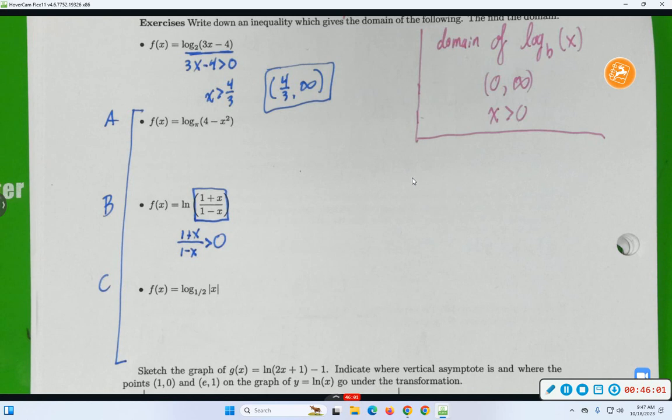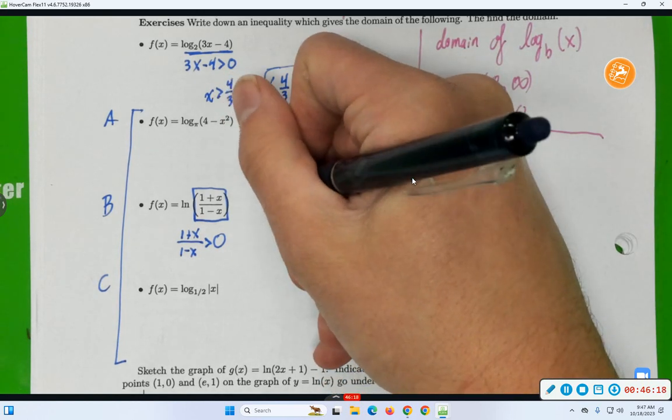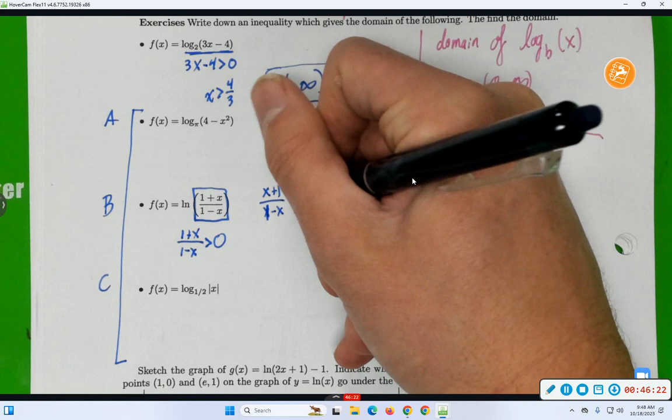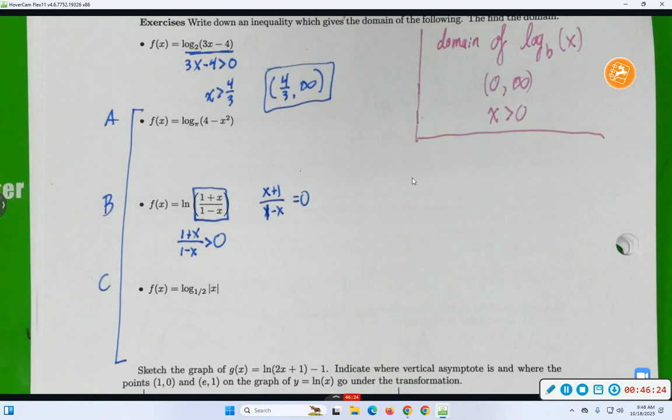Whenever you see a complicated inequality, what should your first step be? Yeah, do equality instead. This is a rational function, so I'll also have to worry about vertical asymptotes. So x plus 1 over 1 minus x equals 0. Does that look super easy to solve?